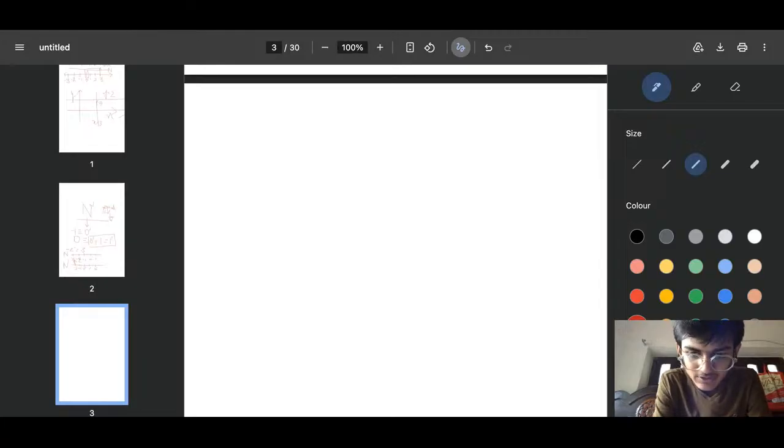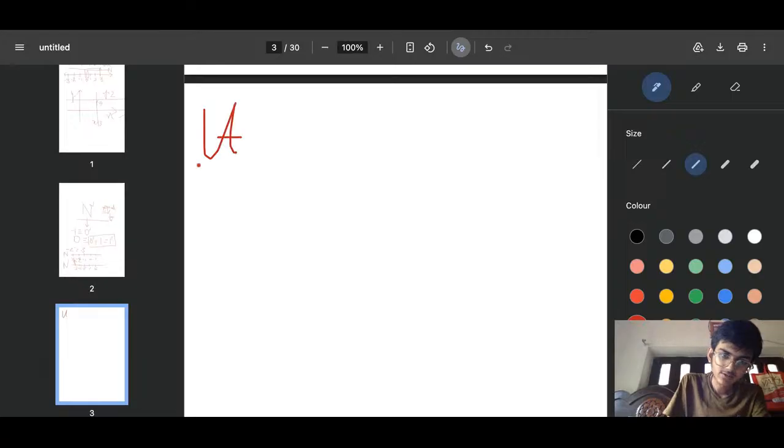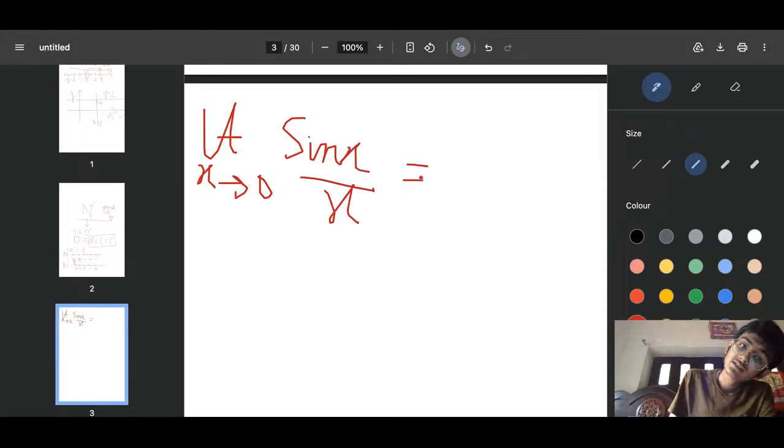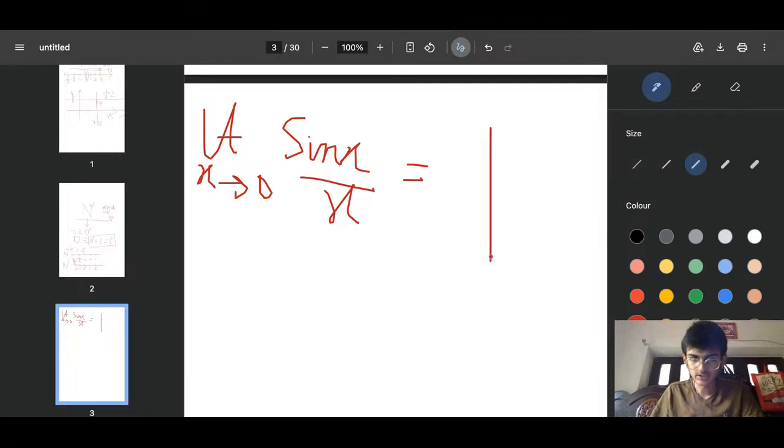Suppose we are taking a limit, let's take an example: limit x going to 0 of sin x over x. What is it? It's going to give you 1. Okay, if you know this limit, or you can solve using L'Hopital.